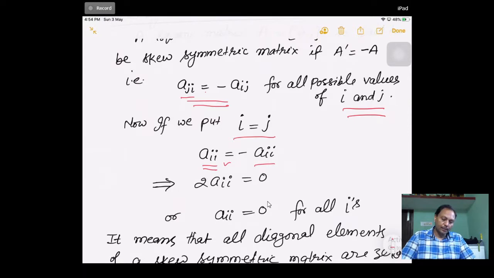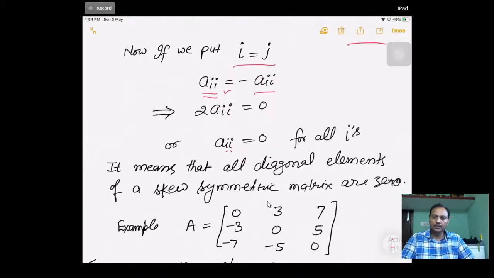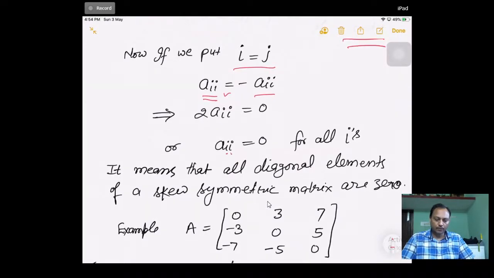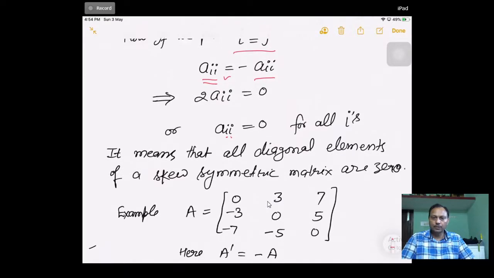Aii means row and column both represent the same number, means either the element of first row and first column, element of second row and second column, element of third row and third column, and these elements are called diagonal elements. It means all the diagonal elements of a skew-symmetric matrix are 0. So remember this thing, it is a very important fact. The diagonal elements of a skew-symmetric matrix are always 0.